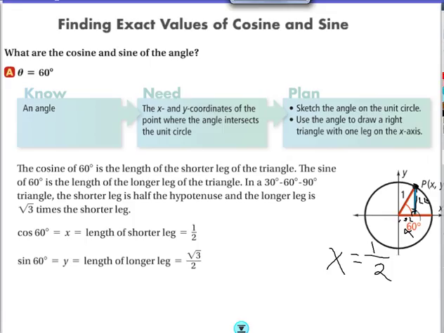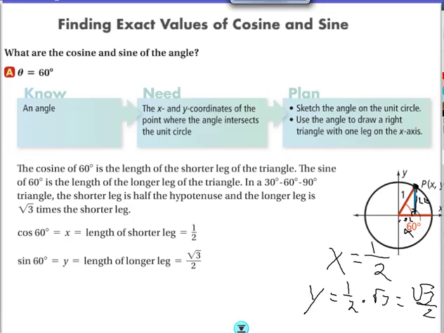Multiply by the square root of 3. So y is the long leg. It will equal the short leg times the square root of 3, which would be square root of 3 over 2.